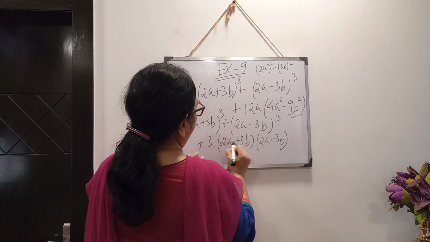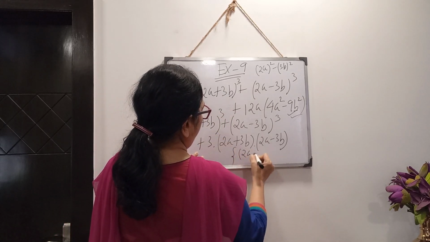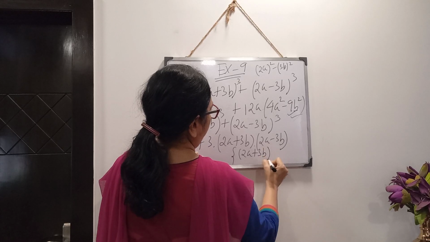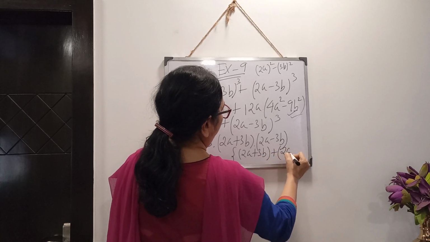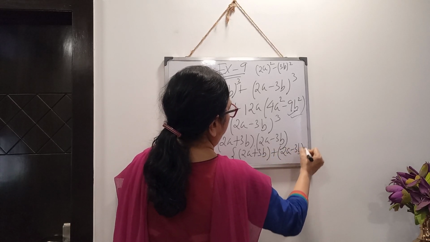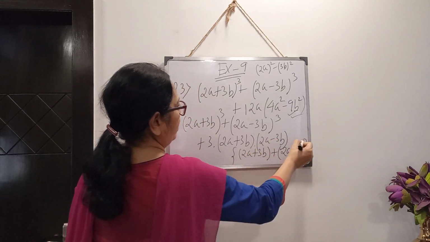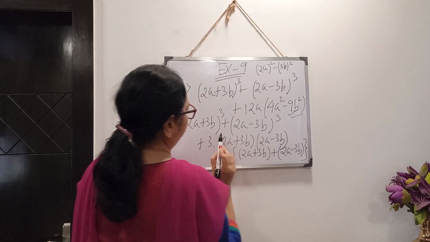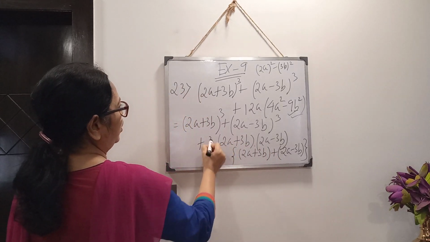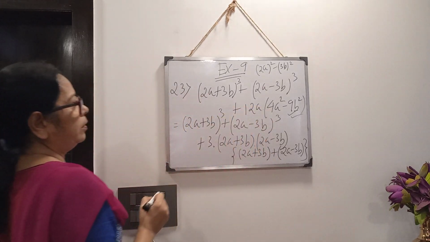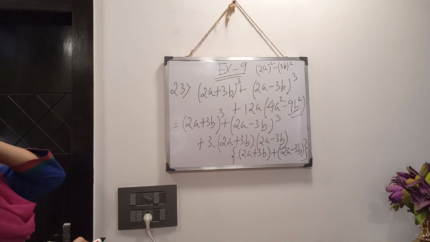So our a + b is this: 2a + 3b plus 2a − 3b. Now see, this is plus, this is minus, it will be cancelled out. 2a plus 2a means 4a. 4a into 3, 12a. Clear? So how I have adjusted?